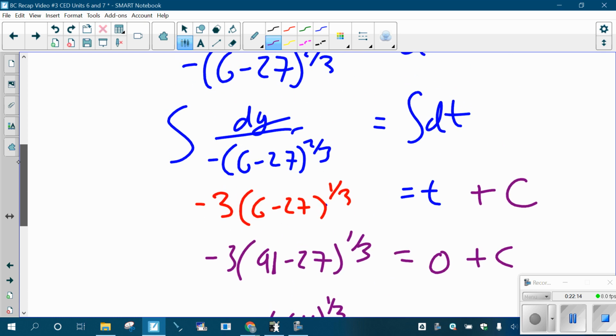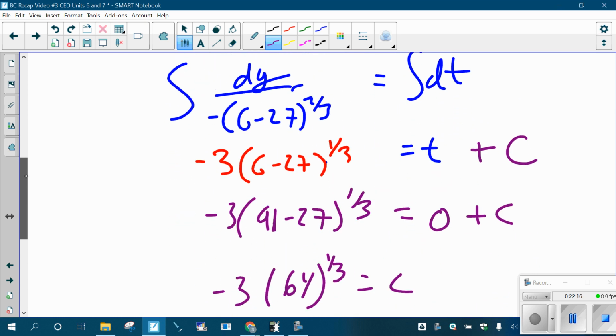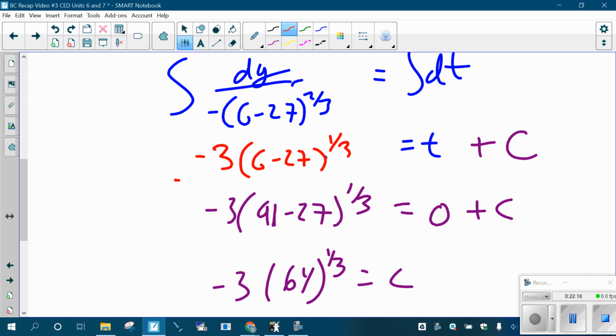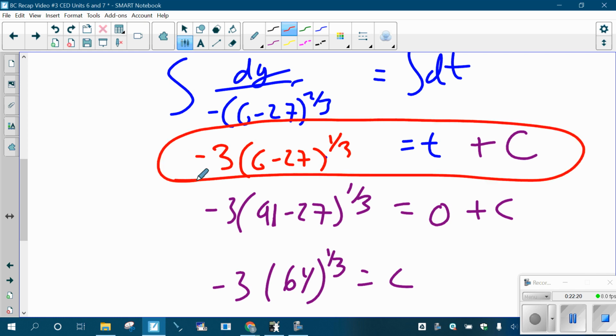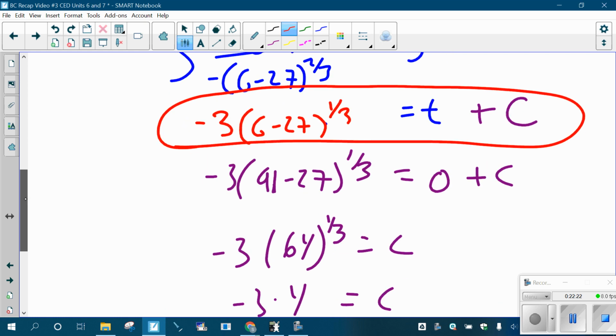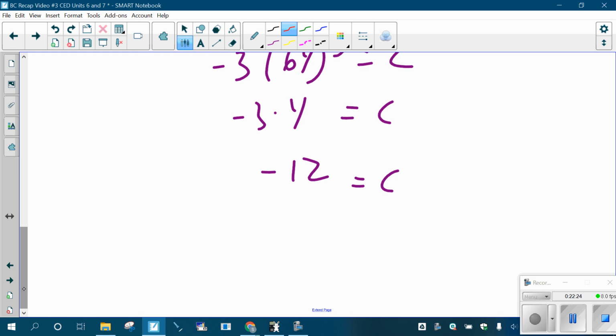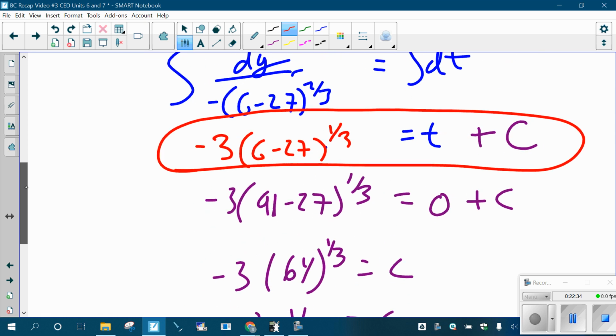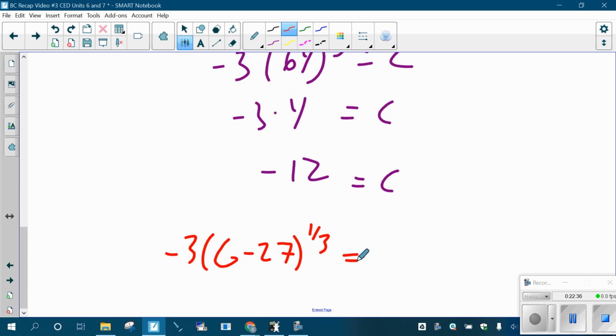So now I'm going to go back and grab this differential equation. I now know the c is negative 12, so I'm going to take that. And I've solved the differential equation.